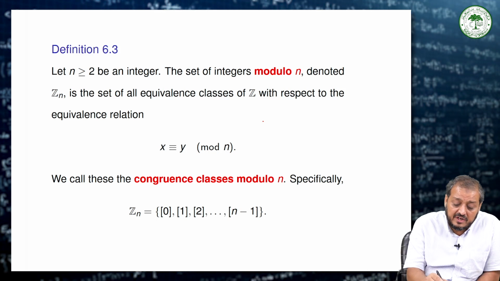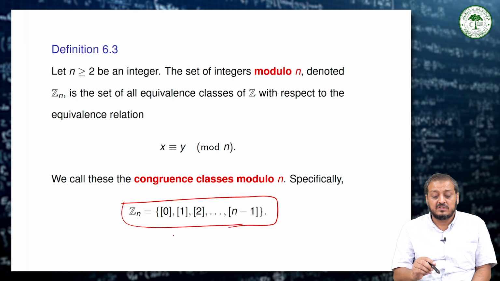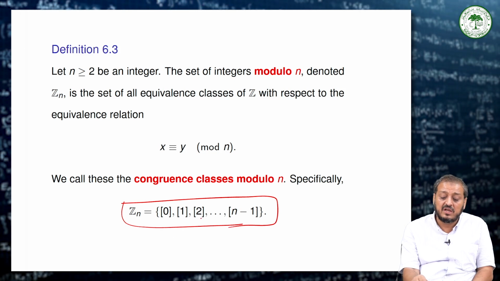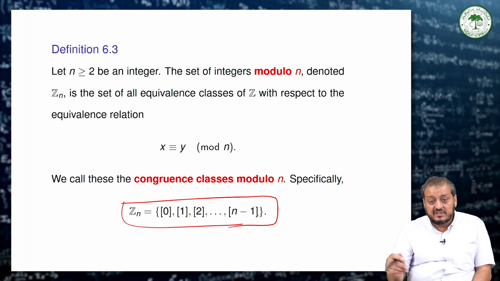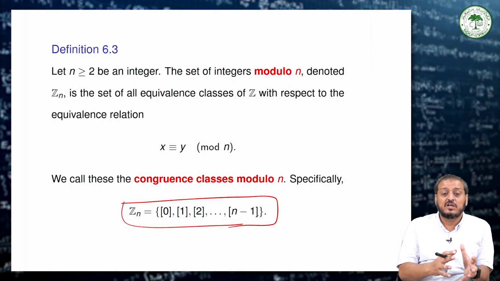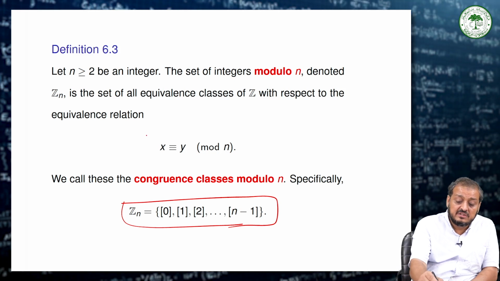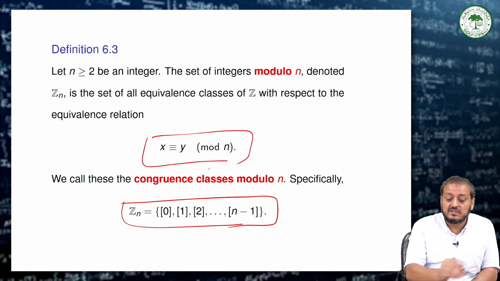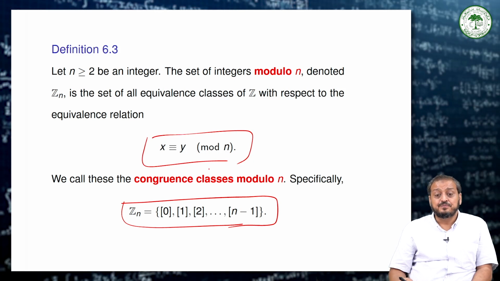Specifically, Zn is the collection of all equivalence classes: the class of 0, the class of 1, the class of 2, up to the class of n minus 1.